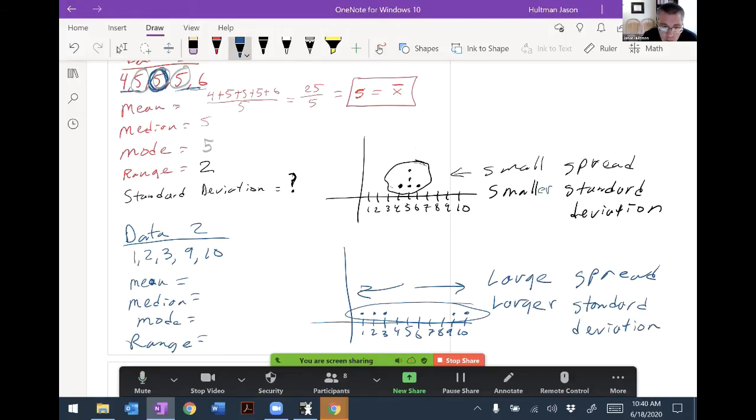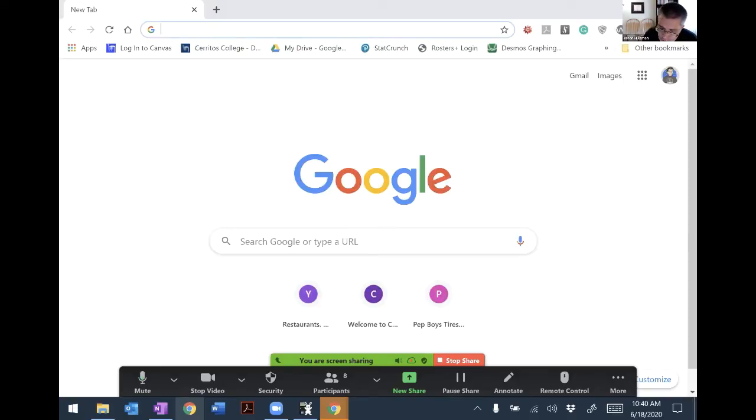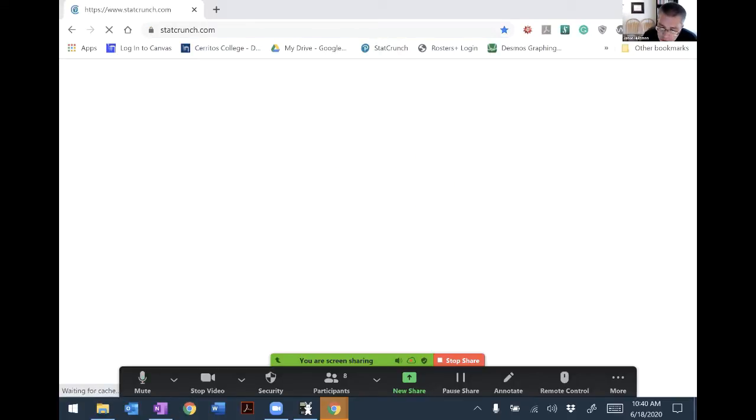We want to find out what exactly those numbers are. So we're going to go to StatCrunch right now. Everybody open up your browser and log on to StatCrunch if you can. I'm going to go to my StatCrunch.